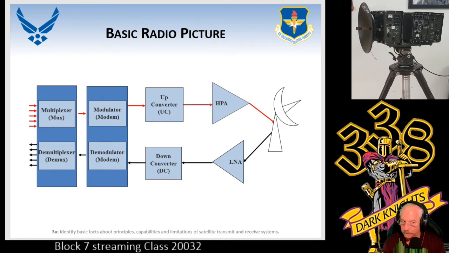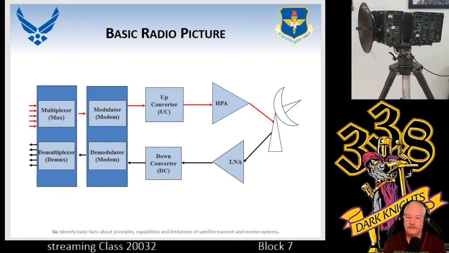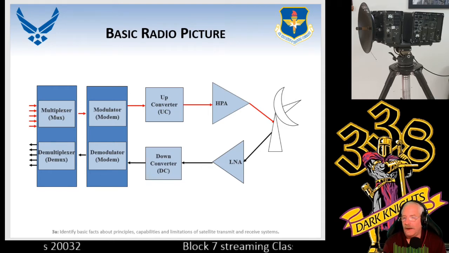It's simplistic, but it's on the same level. So you're going to modulate it onto a carrier. In this case, it's going to be an intermediate frequency, and then we're going to go through an up converter, and then we're going to use a high-powered amplifier to amplify it out and send it to the distant end.